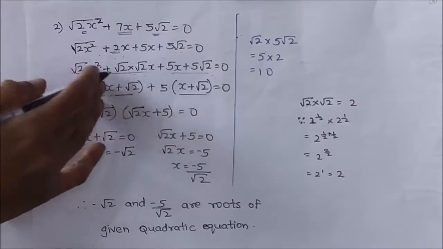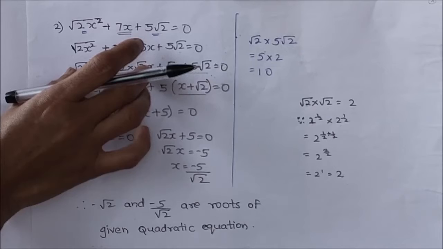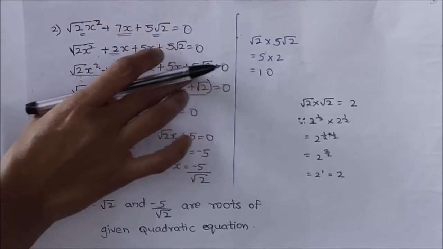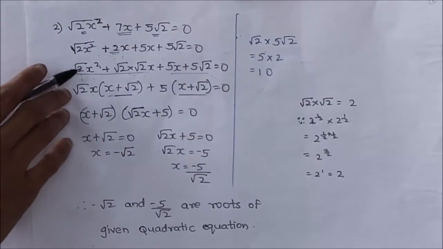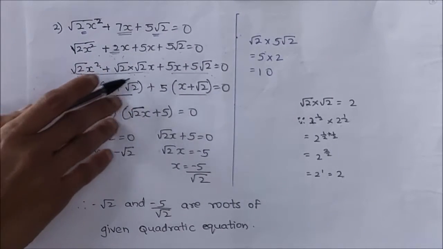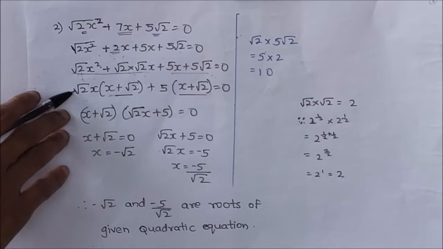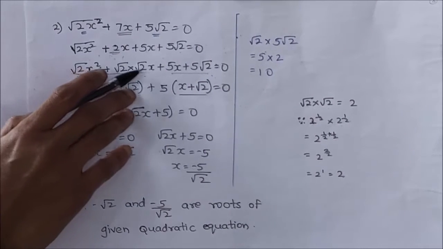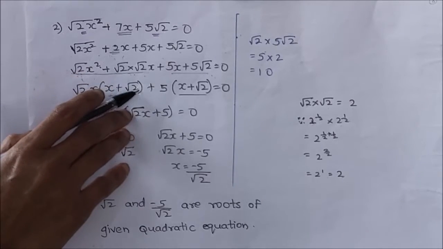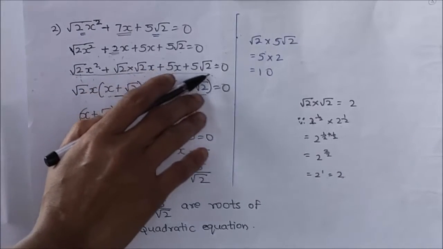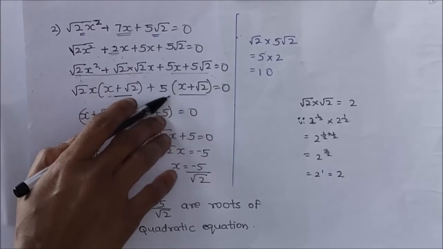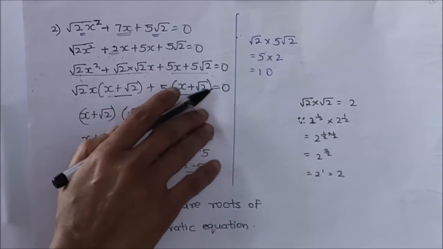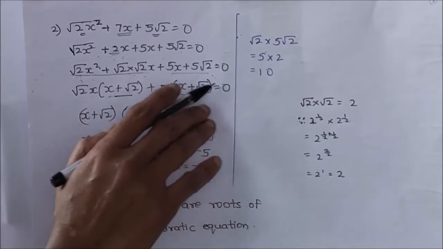In these two terms, root 2 into root 2 is 2 simply, and 5x plus 5 root 2 I will write as it is. Now in the first two terms, root 2x is common. I take root 2x common and what remains in the bracket is x plus root 2. Plus, in these two terms, 5 is common. I take 5 out and write in the bracket x plus root 2, equals 0.